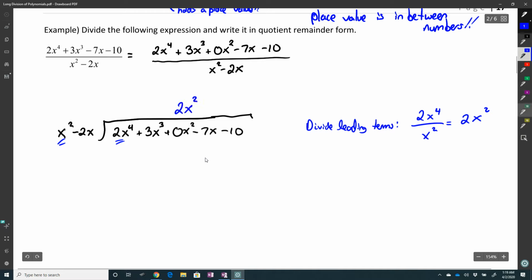Notice I wrote it in line with the x squareds. You don't have to, but it helps keep everything organized. Anyway, so I did that. Now you're going to multiply to the divisor.